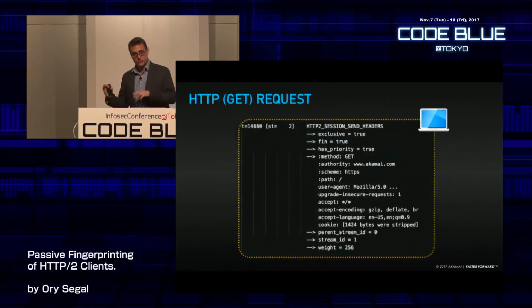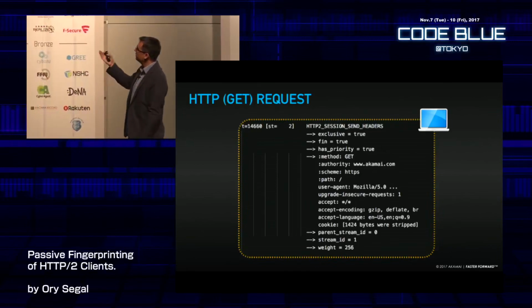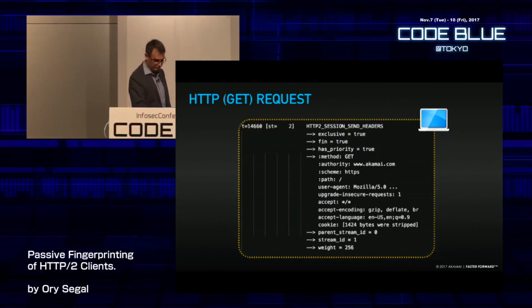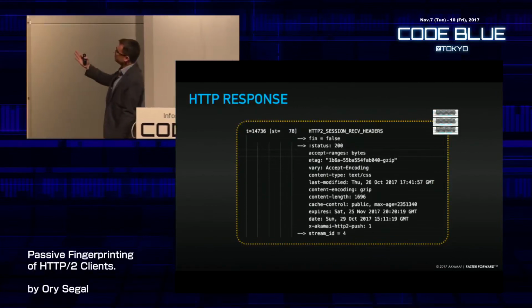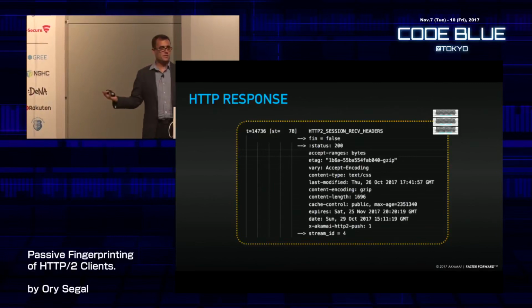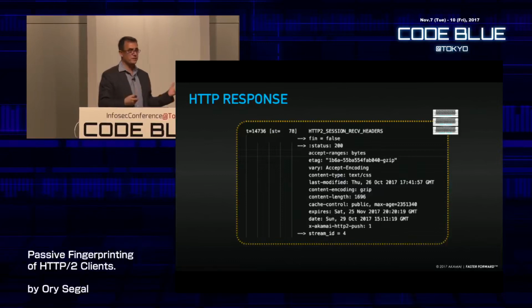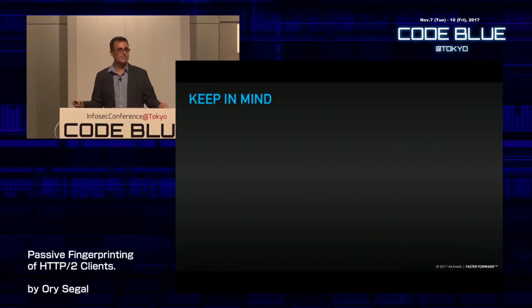And then if we look at the actual request, the first header frame that is being sent looks pretty similar to what you know: the method, the host or the authority, the scheme, the path, user agent, and headers, etc. And then the server will reply with something very similar to what we know from HTTP 1, the status code, the headers, and if there's some body to the response, they will send another frame, a data frame containing the data. So that was simple, right?